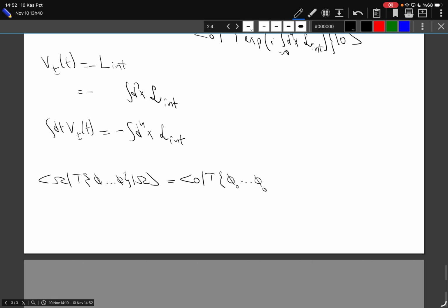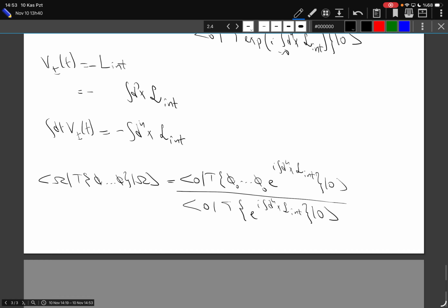the time-ordered product of the same fields. Let me write phi 0. Here on the left-hand side, omega is the ground state of the full theory.